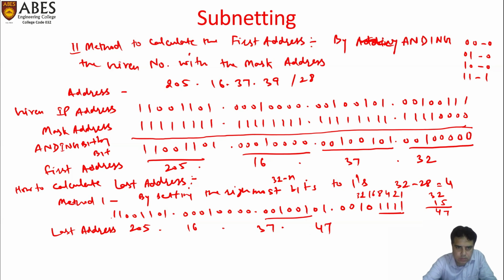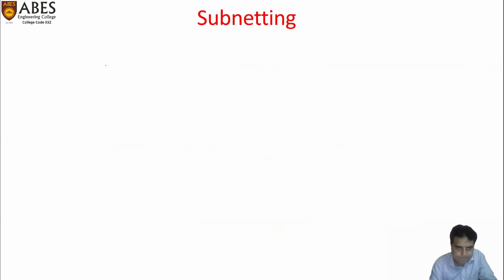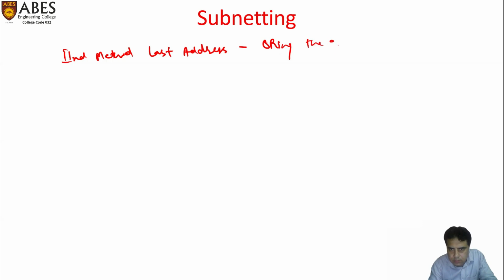Now the second method to calculate the last address is by ORing the given address with the complement of the mask address.